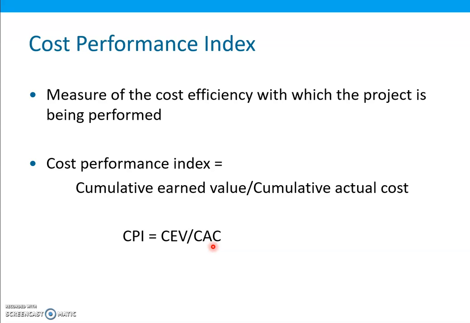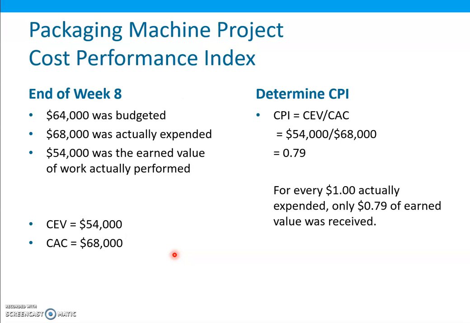In the packaging machine project, the cost performance index as of week 8 is given by 0.69, because $54,000 was the earned value and $68,000 was actually spent. So the ratio of them is 0.69.